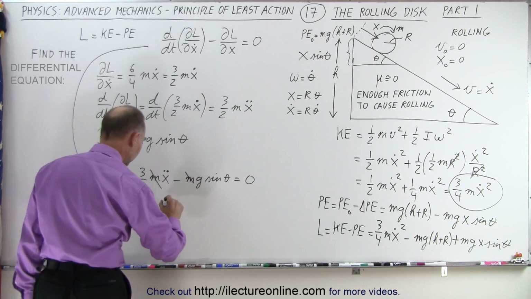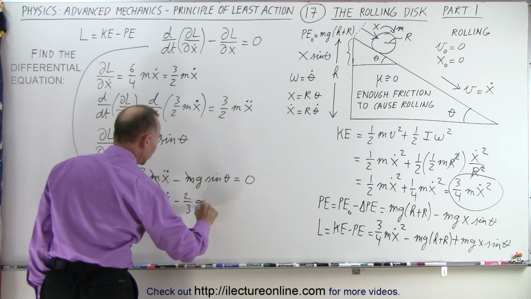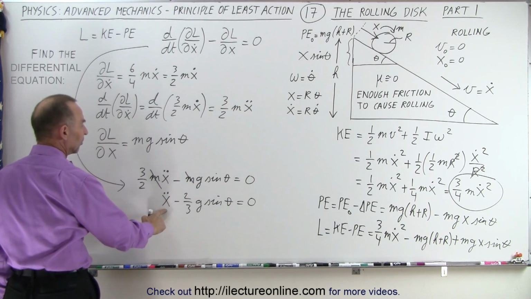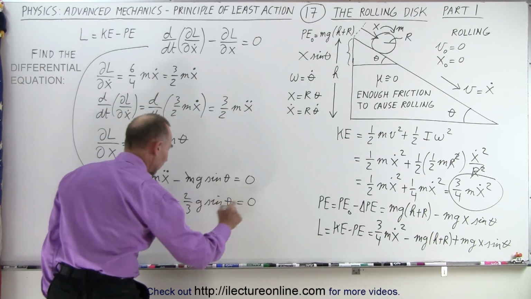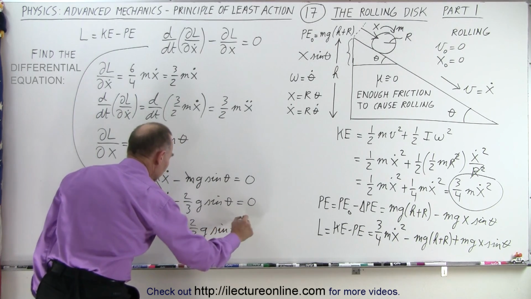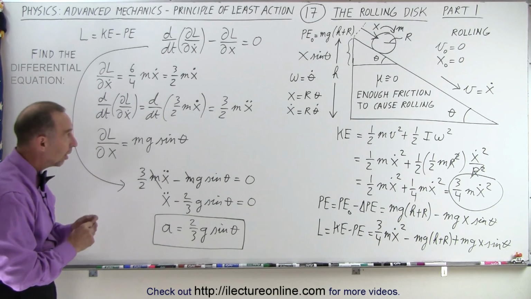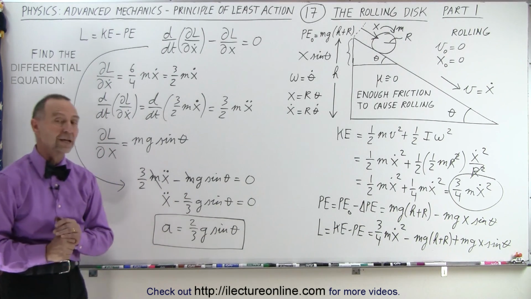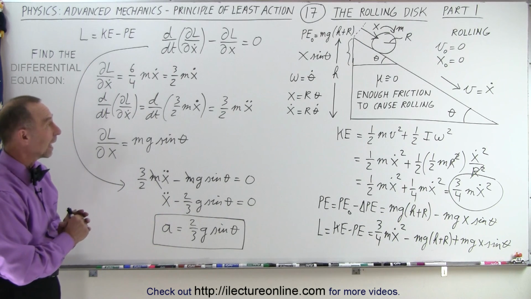Multiply both sides by 2/3, so we have x double dot minus 2/3 g sine theta is equal to 0. And then finally, since this is essentially equal to a, we can say the acceleration down the incline is going to be equal to, moving that to the other side, 2/3 g sine theta. And that will be the acceleration of the rolling disc down the incline in terms of g and in terms of the angle. And that looks kind of right because that sounds familiar for a rolling disc down the incline.